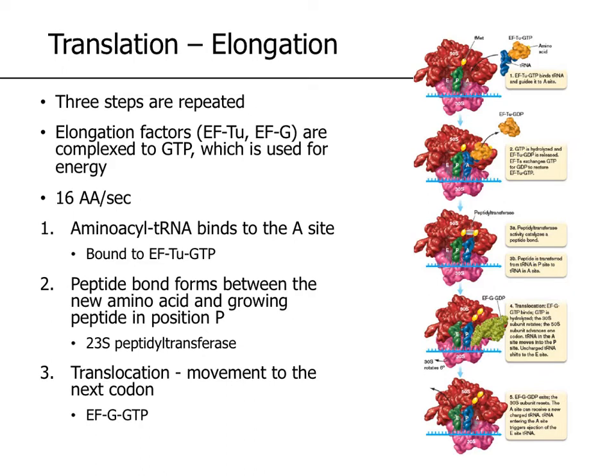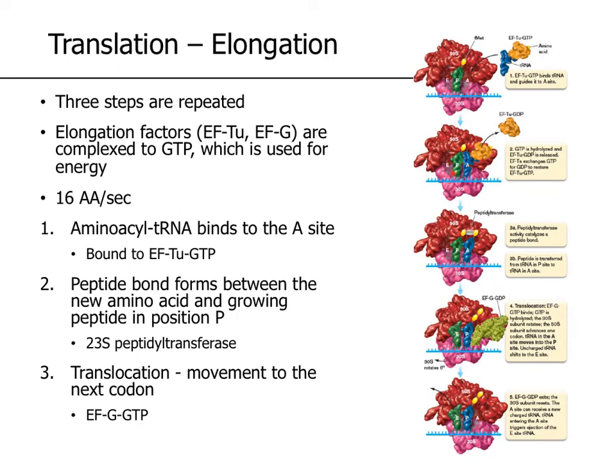So it's reading the transcript here. The next codon will come in and bind into the A site. When that happens, the GTP is hydrolyzed, and EF-Tu with the GDP is released.